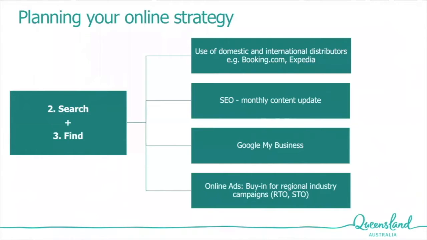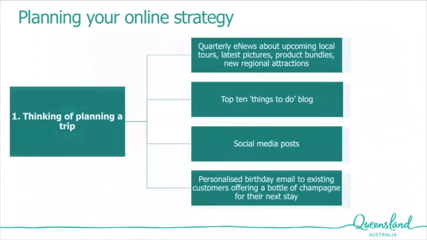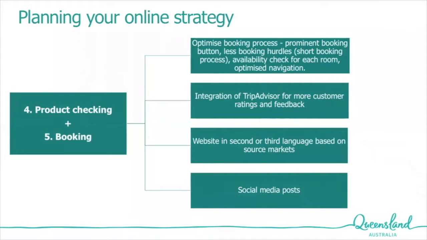And for some of you, it might be buying into online advertising campaigns, or Facebook or Instagram ads will amplify your reach and allow you to more easily connect with people during that search and find. And you can even use online ads and social media advertising to grow awareness, which is going to help in that previous stage of thinking of planning a trip.